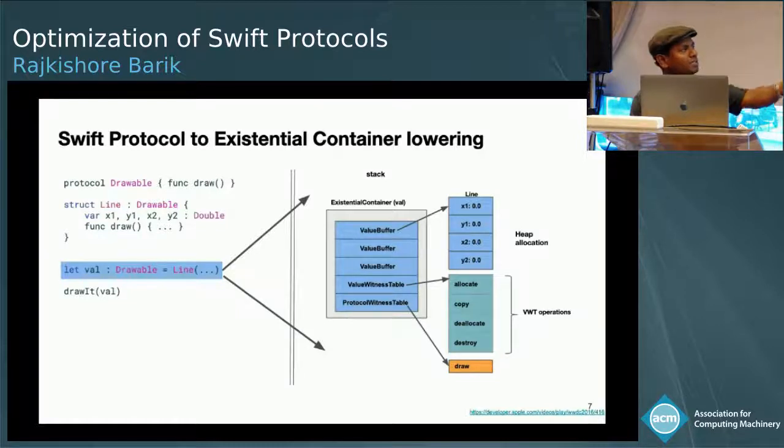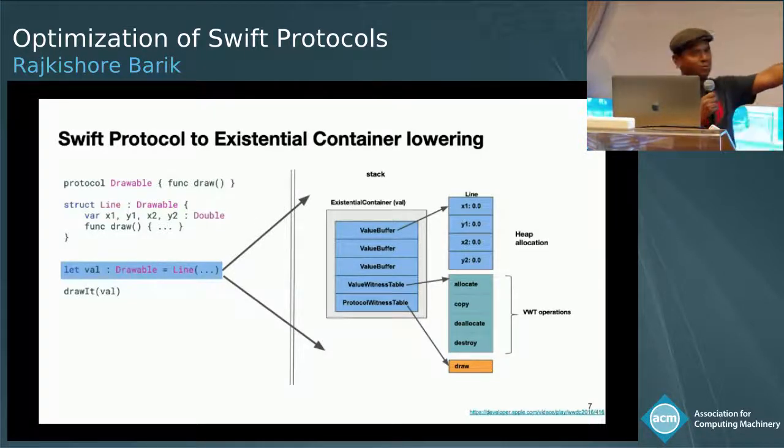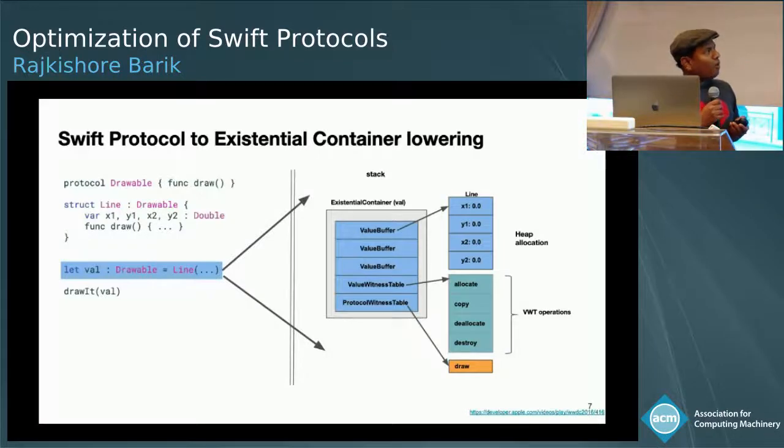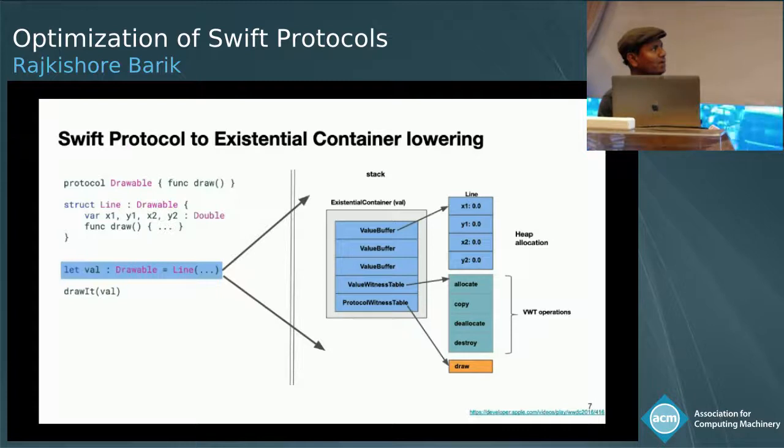This is exactly what happens in the Line case, because you had 4 fields which happen to be doubles, and they don't fit into your value buffer. So you essentially created an object of Line in the heap and then keep the pointer in the value buffer. Now, if you look at this particular example, if I knew that Line was the only struct implementing Drawable, I could do something.